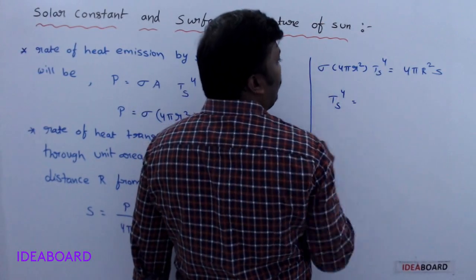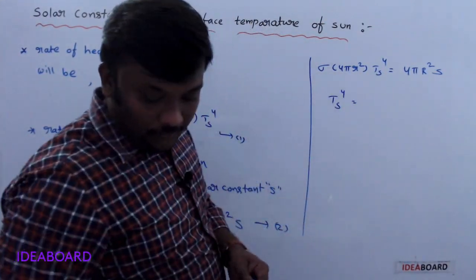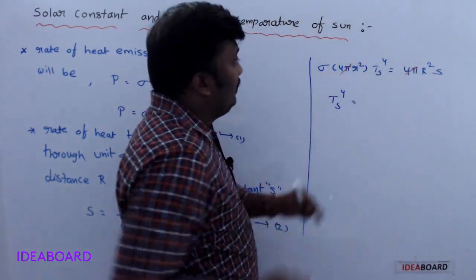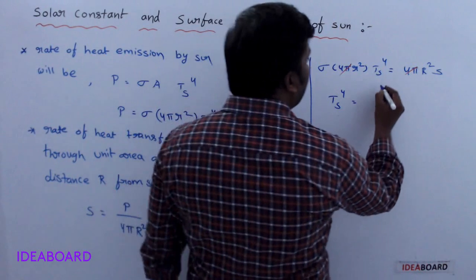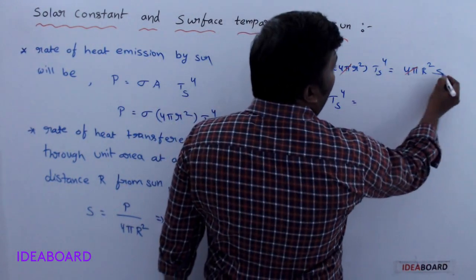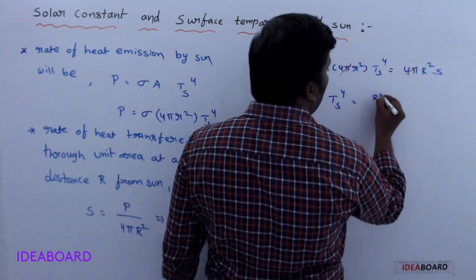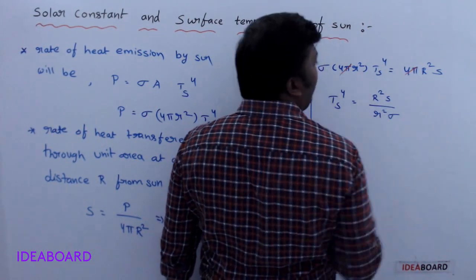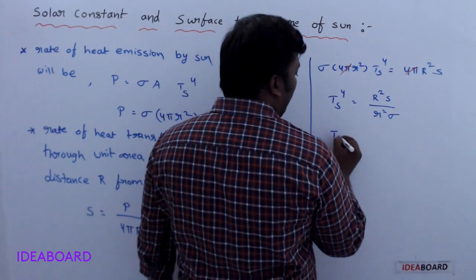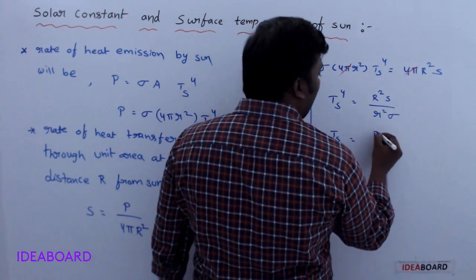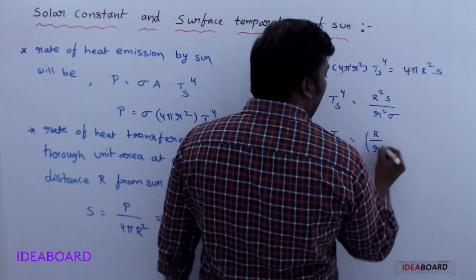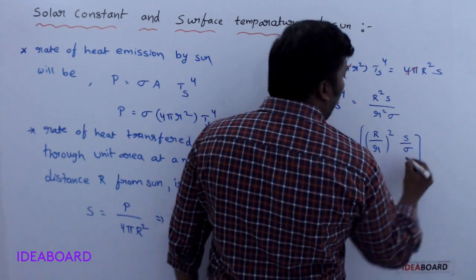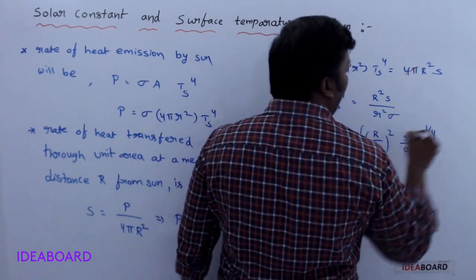Therefore, Ts power 4 is equal to, here 4 pi cancel, and these two will be taken that side. Then R square S by r square sigma. So Ts can be written as capital R by small r whole square into S by sigma, whole power 1 by 4.